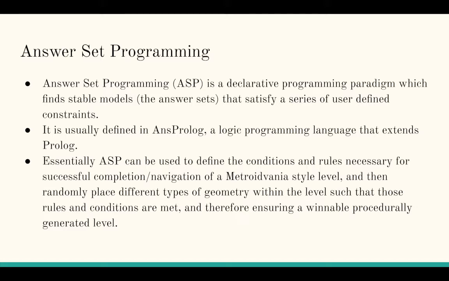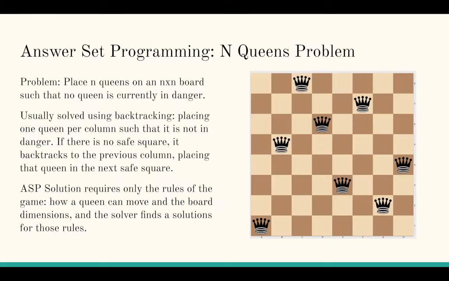All right, here is a very common example of answer set programming, the n-queens problem. The n-queens problem is a problem where you have n queens on an n by n board. Could be a chessboard with 8 by 8, or it could be any size board.